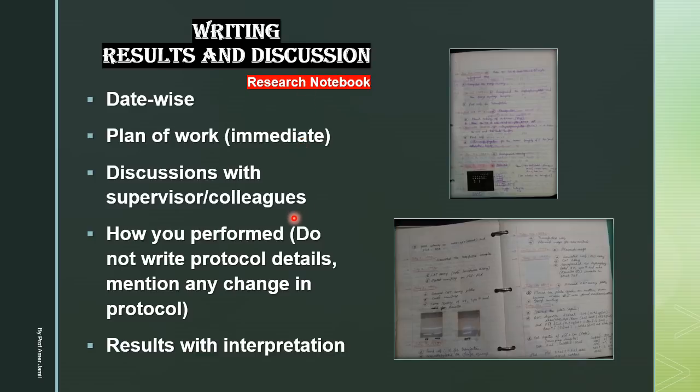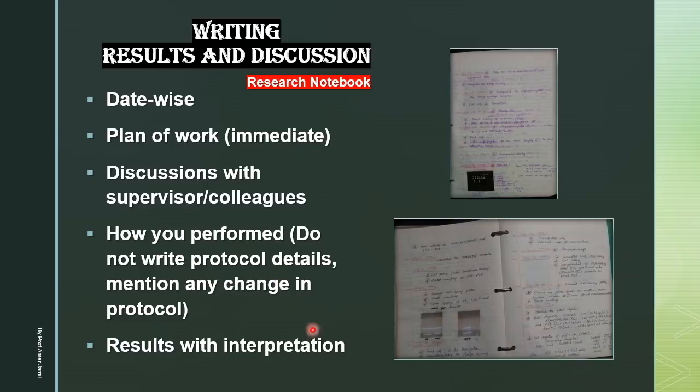And then you write down how you performed it. Do not write the protocol in detail, as they are already available separately, but mention if there is any change in the protocol in your research notebook. You don't fill it up with the protocols which are already available.